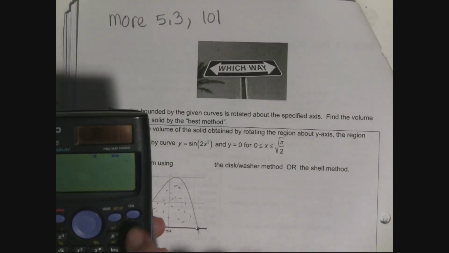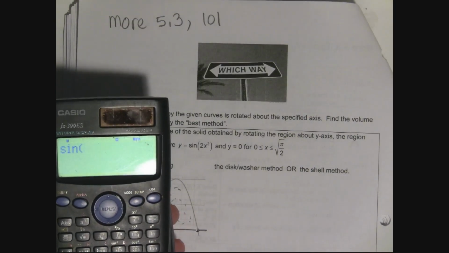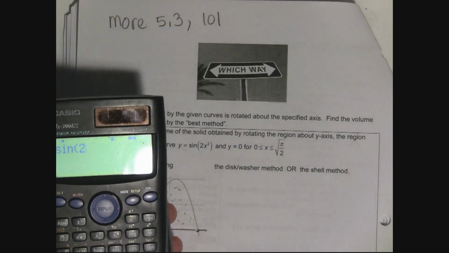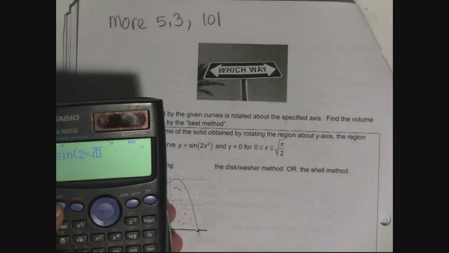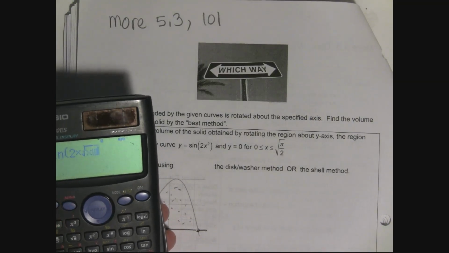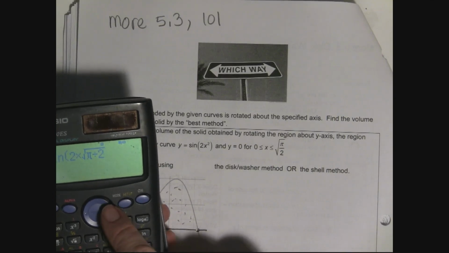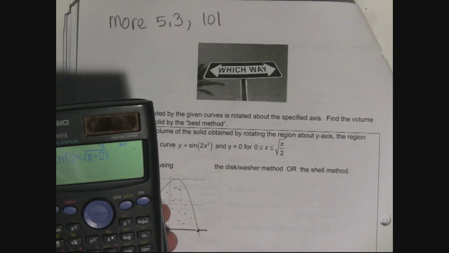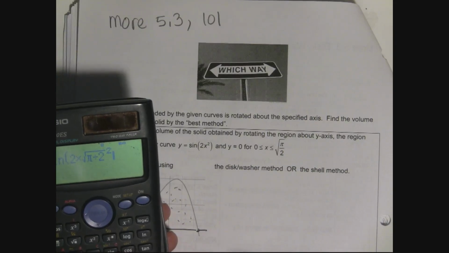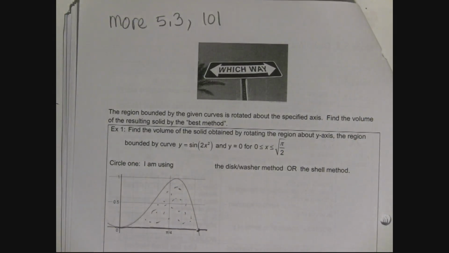My calculator's in radians. I have sine, and I have 2, times the square root of pi over 2, and then that whole thing squared, and then 0. Okay, so I suspected that that was the case, but I just made sure.